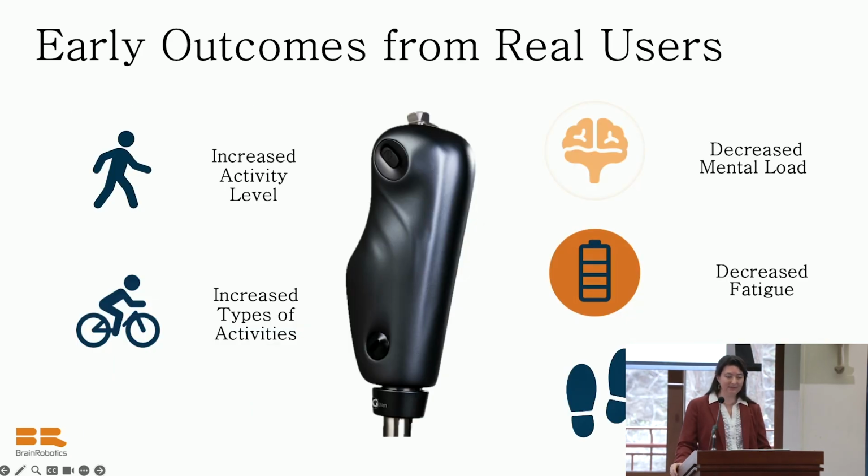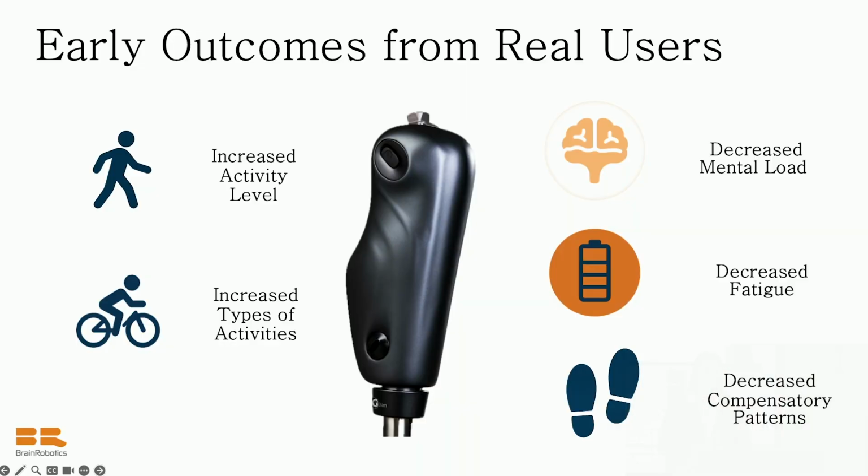Three themes have emerged consistently from these interviews: decreased fatigue during daily activity, reduced compensatory patterns, and an increase in the variety and intensity, or potential to do more, of the activities that they want to do. Hearing these themes across independent users is what's motivating our formal research agenda that I'll go through next.